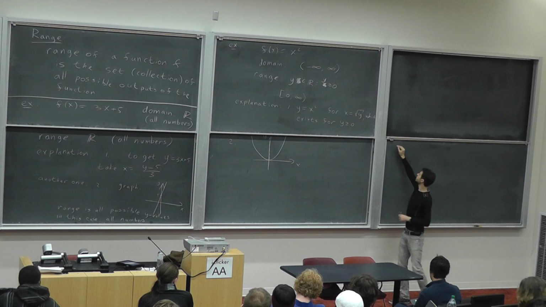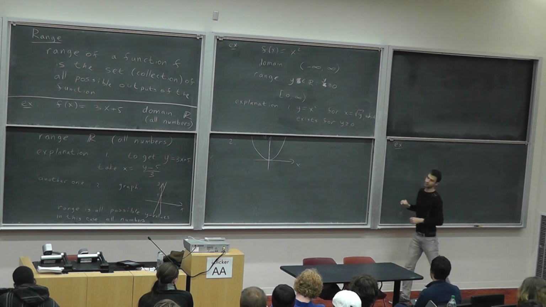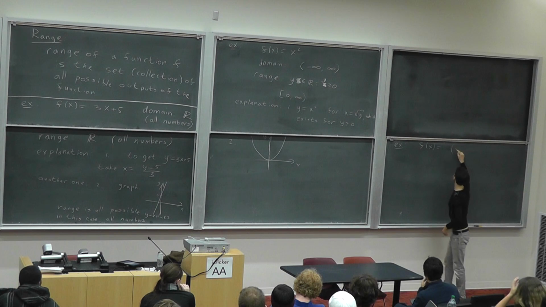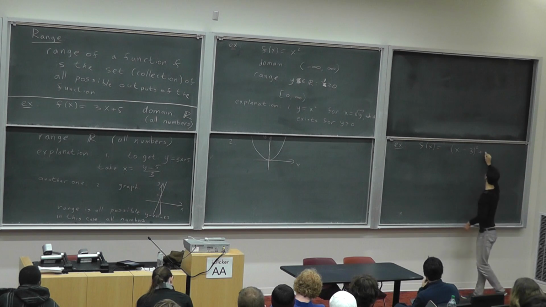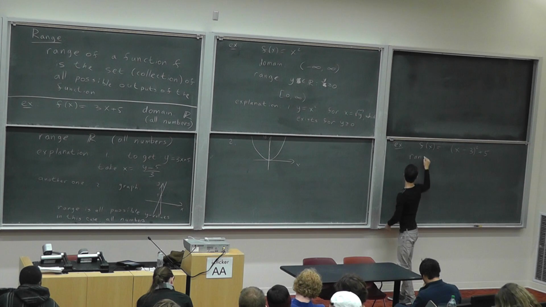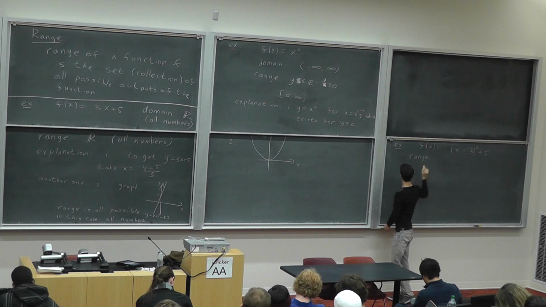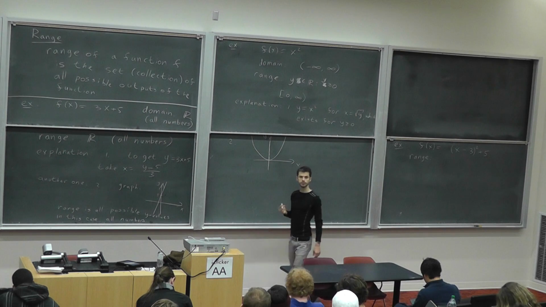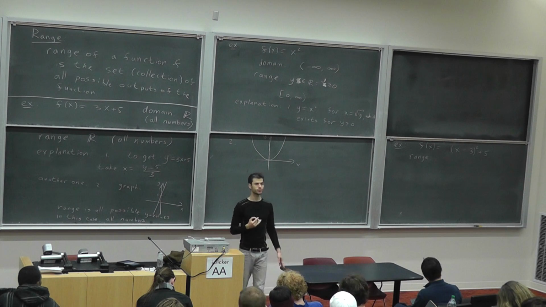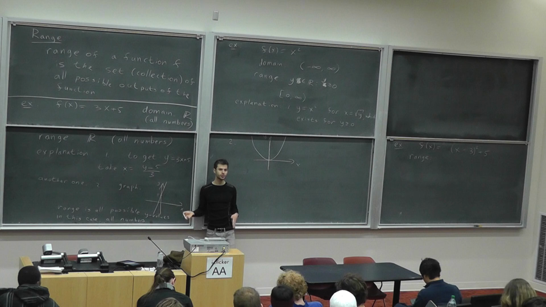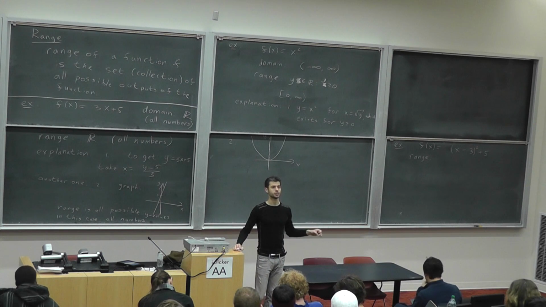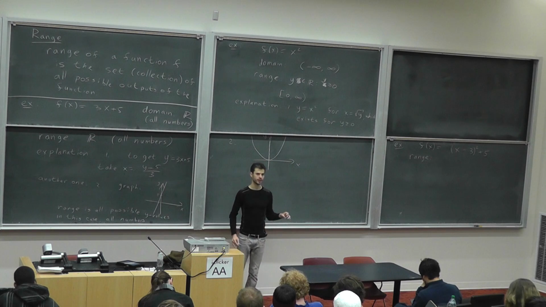Okay, so now let's go to something even more interesting. F of x is (x minus 3) squared plus 5. So for such a function, well, the domain is once again all real numbers. You can plug in whatever. The range, what's the range going to be?